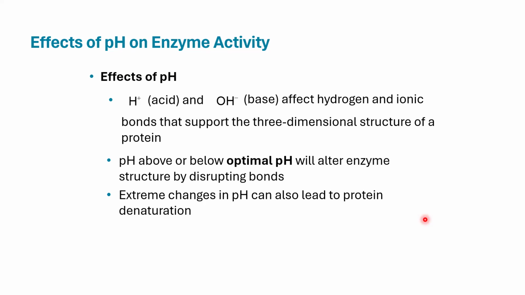Oftentimes their internal pH doesn't match their external pH. But these enzymes are still going to have an optimal pH that they operate in. And if you get too basic or too acidic, it will potentially denature that protein, causing a loss of function.